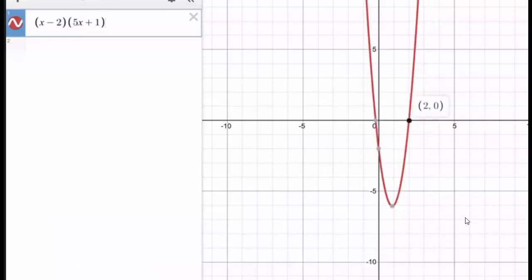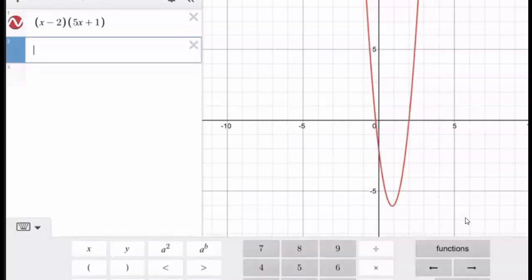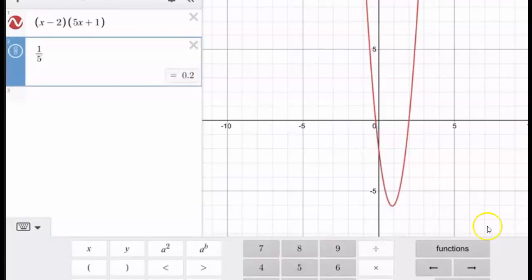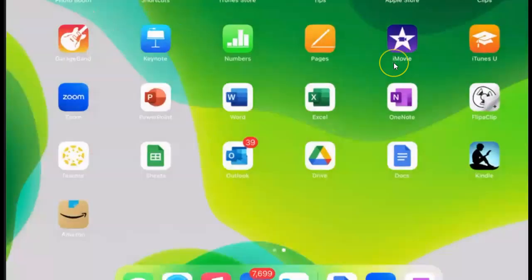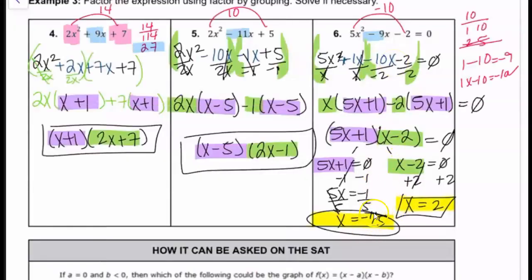Notice positive 2, and negative 0.2, which is just 1/5, because 1/5 is 0.2. So all we did here was, when it's equal to 0, you have to continue the problem, and then you just find your x-intercepts. So the negative 0.2, which is just 1/5, and the positive 2. Cool.